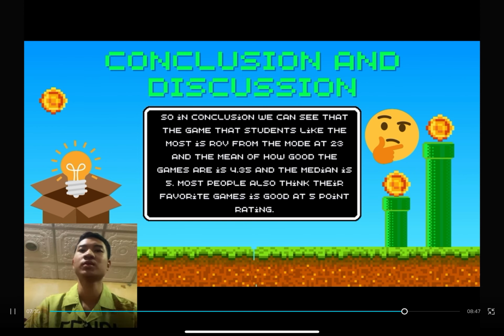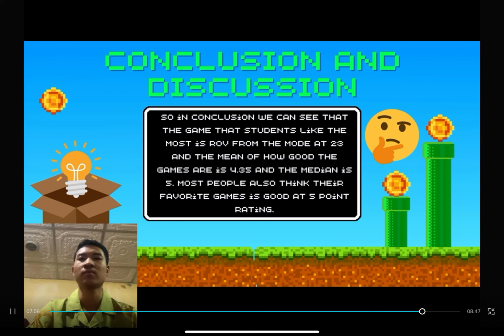So, in conclusion, we can see that the game that students like the most is ROV, from the mode at 23, and the mean of how good the games are is 4.35, and the median is 5. Most people also think their favorite game is good at a 5-point rating.